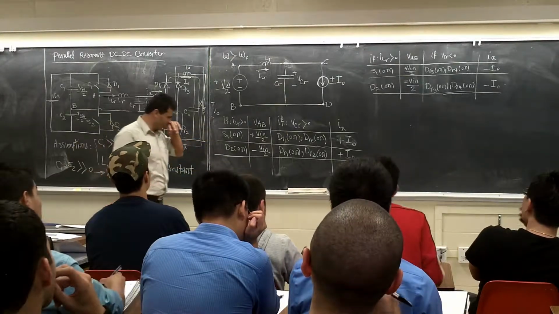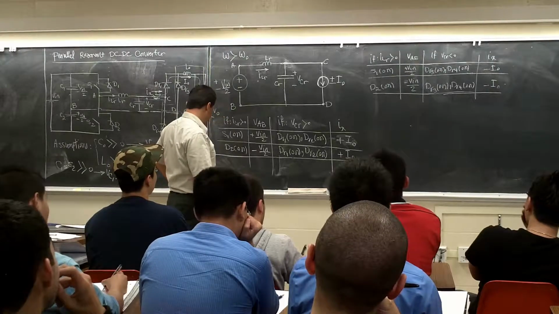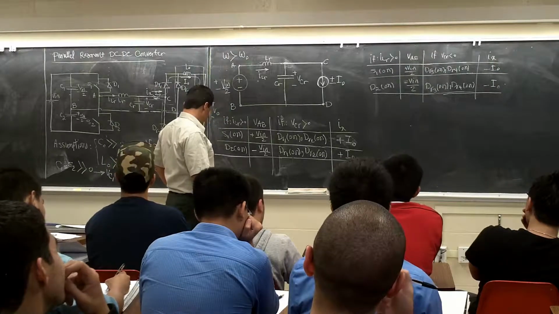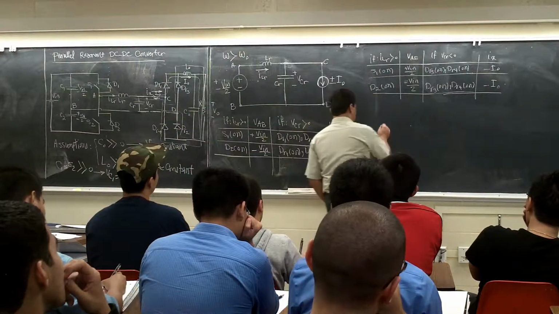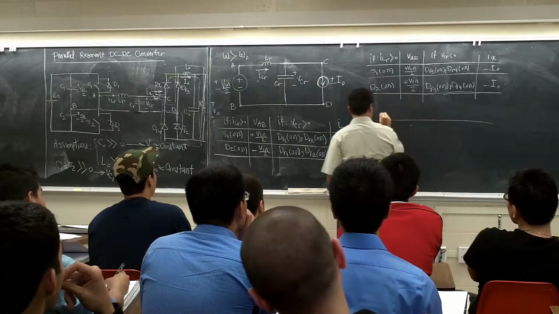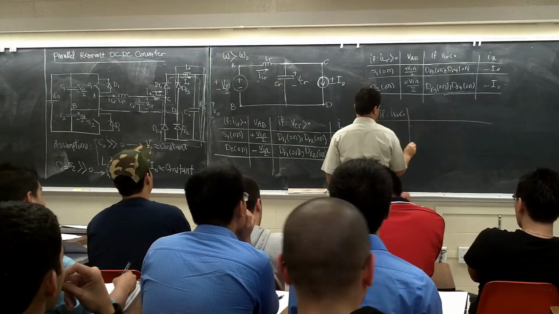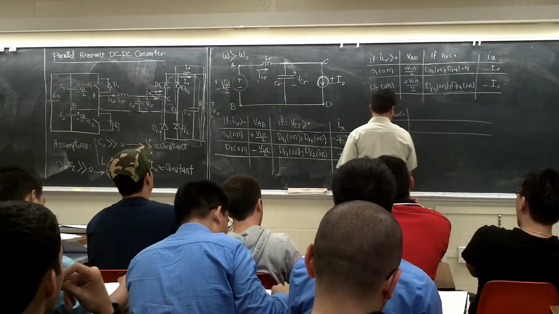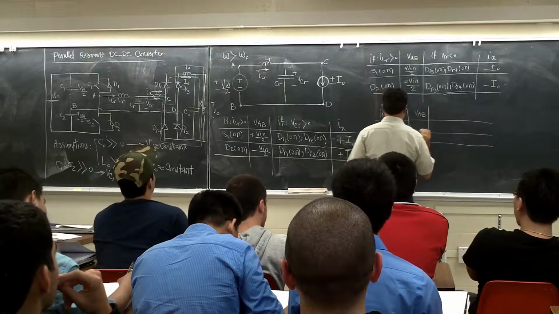I want to try to see how I can put everything in one. ILR negative. The other case is like this. If ILR is negative, which one is on?